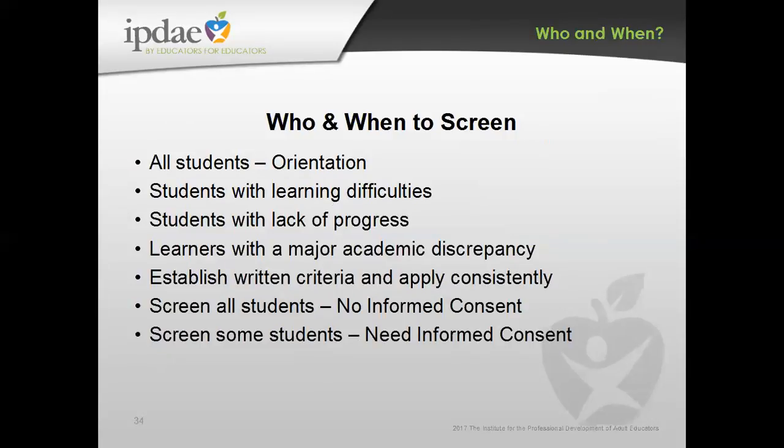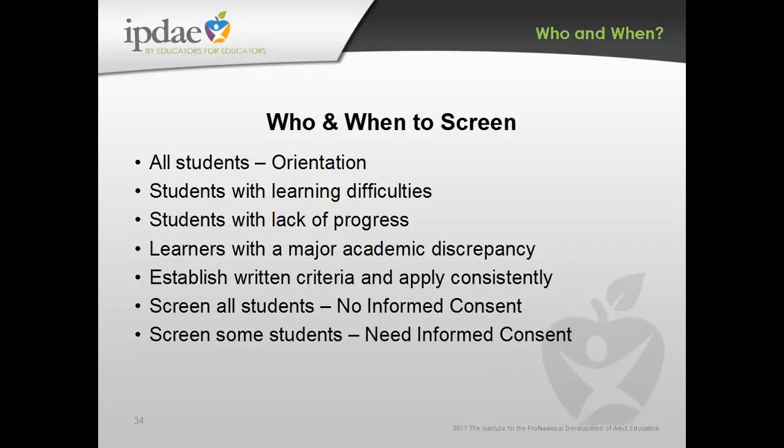We can administer it with learners that have a significant academic discrepancy, as I explained before, like a 6-year range in the TABE. We have to have written criteria and apply it consistently with all students that we do an LD screening with. And as I said, no informed consent is needed if we screen all students.